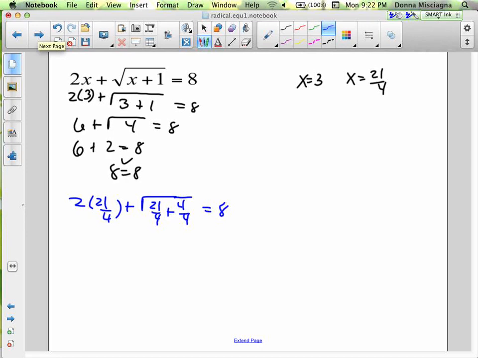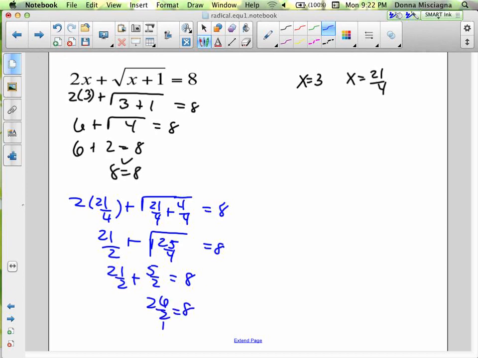This would be 21 halves plus the square root of... all right, so 21/4 plus 4 fourths is 25/4, which is a perfect square. All right, so you've got 21 halves plus 5 halves equals 8, and that would be 26 halves equals 8.